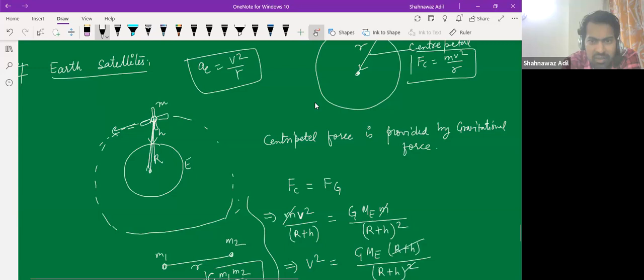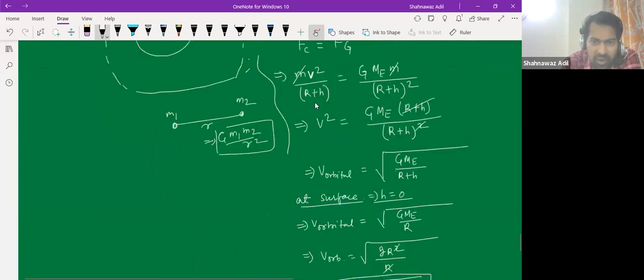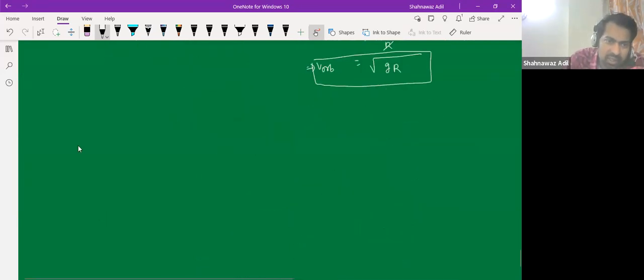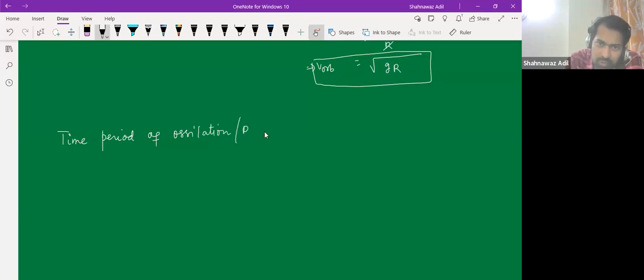This is the Earth satellite, and we can also calculate the time period, the time period of revolution.